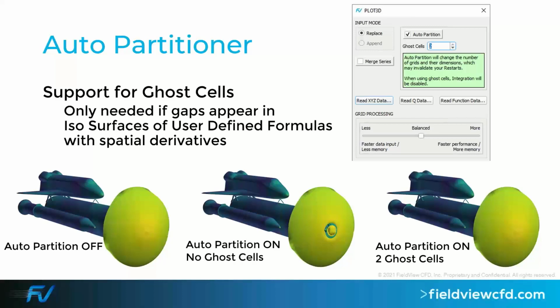So for that reason, we are making ghost cells incompatible with integration, as it is said in the panel over here, and integration will be disabled if you turn on the ghost cells, but you just have to turn them off if you are more interested in quantitative analysis.